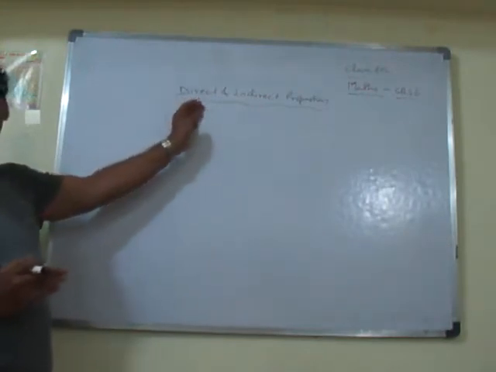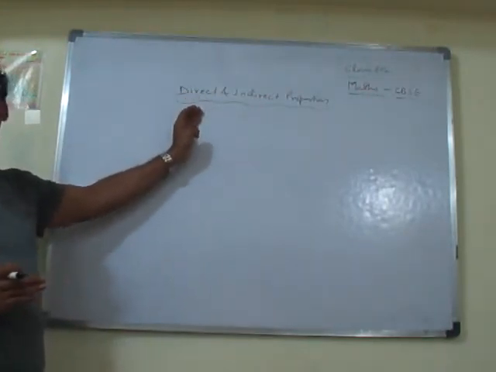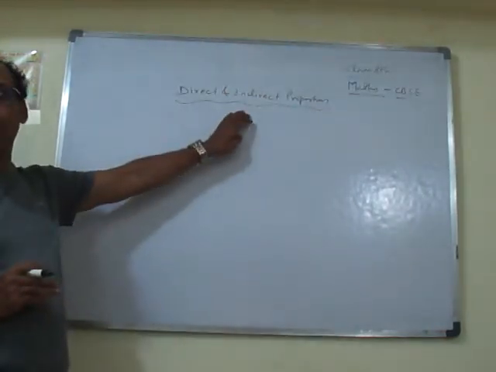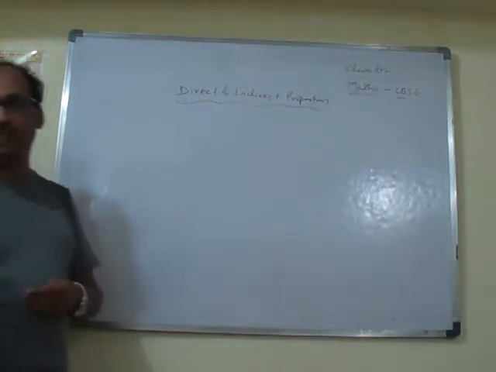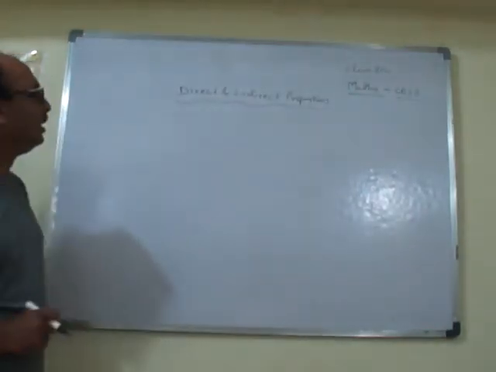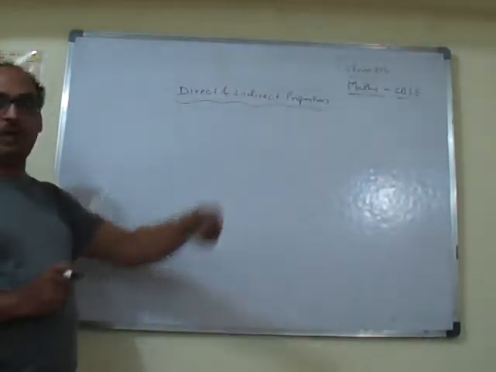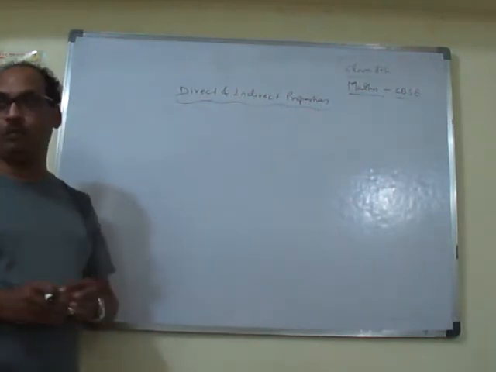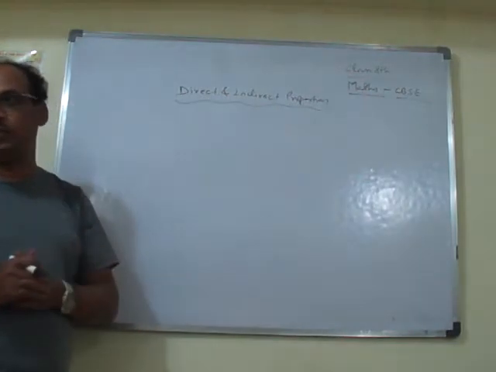So, what actually is the meaning of direct? Face to face, immediately. Indirect is what is not occurring face to face. In mathematics also we apply this concept: what is direct proportion, what is indirect proportion.